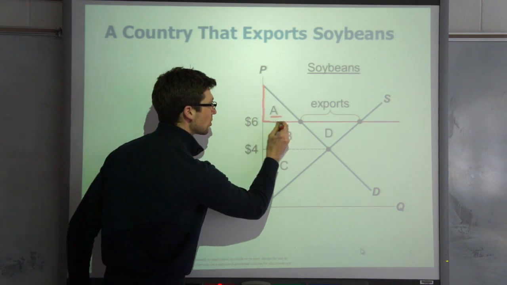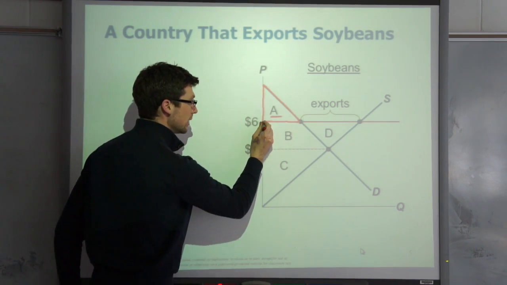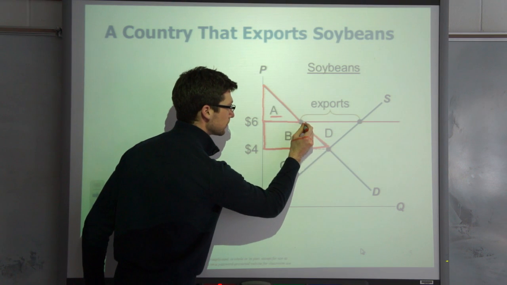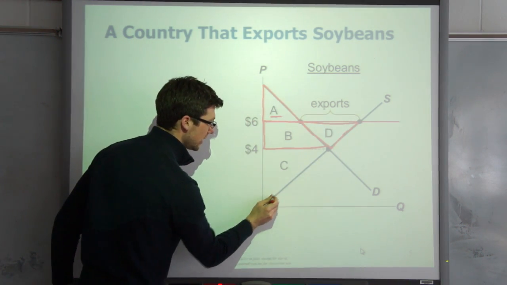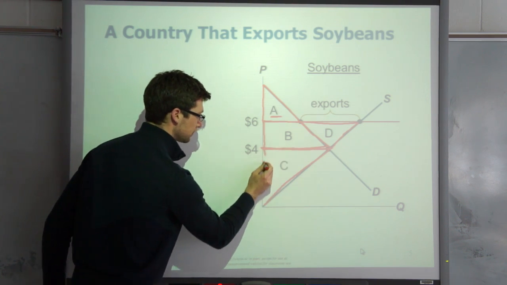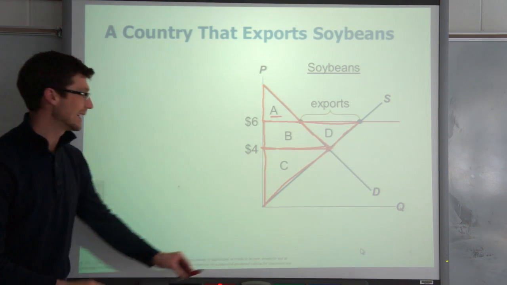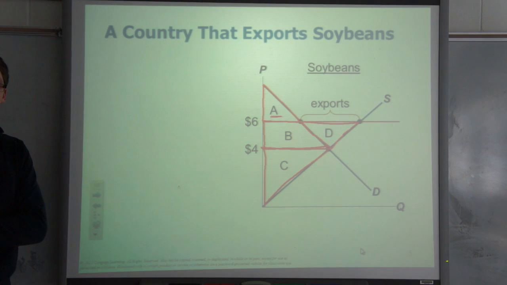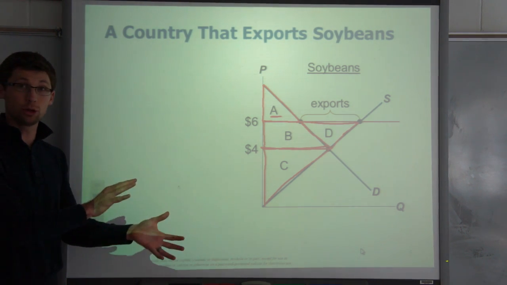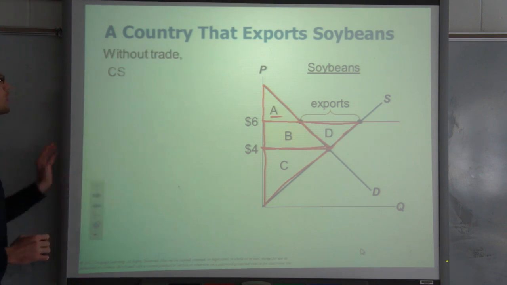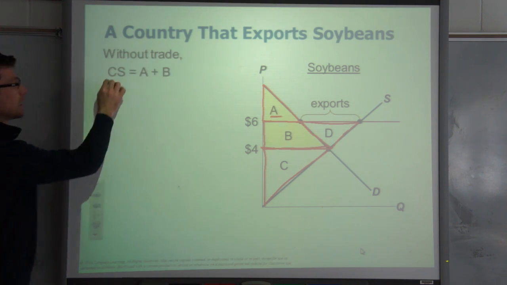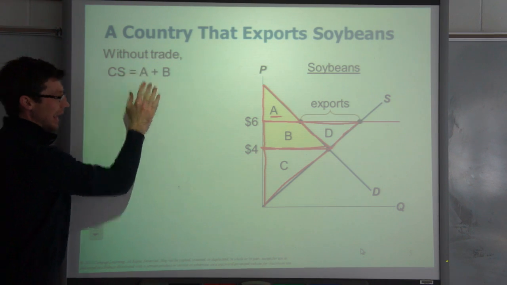A is this triangle. B is this trapezoid. D is this triangle. And C is this triangle. What we want to do is take a look at whether we benefit or whether we lose when we engage in free trade. So, without trade, consumer surplus is areas A and B.